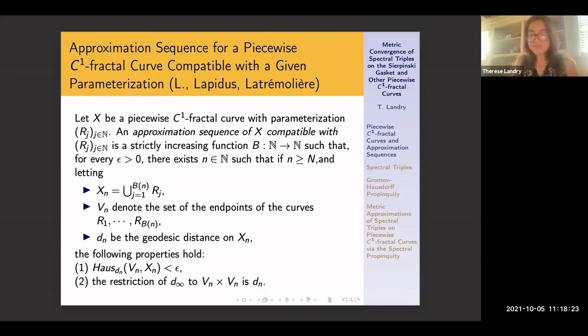And we also wanted the geodesic distance between vertices in each approximating space to be geodesics also when embedded in the larger space. Having these two properties gives us enough of a handle on the function spaces so that we can apply our tools from non-commutative geometry.